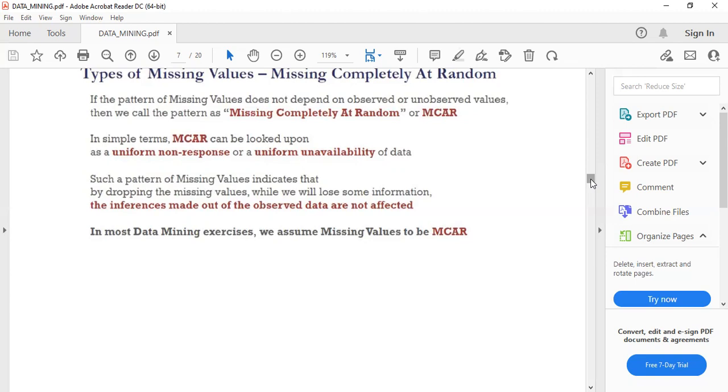You don't know the reasons or causes to which you can relate the missing values with your data or observations. Understood?